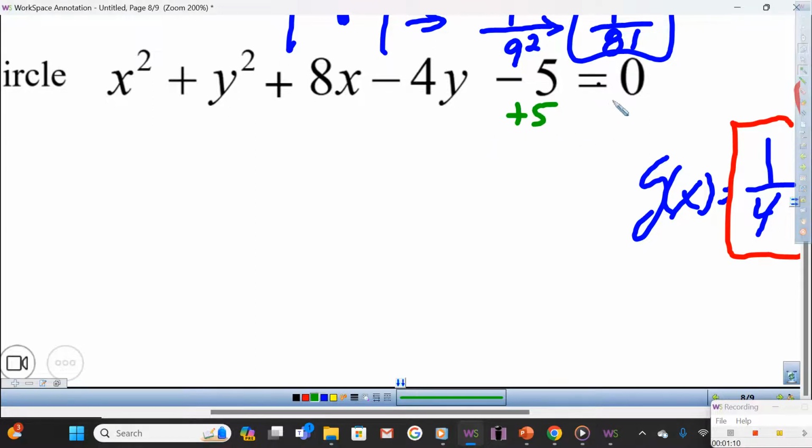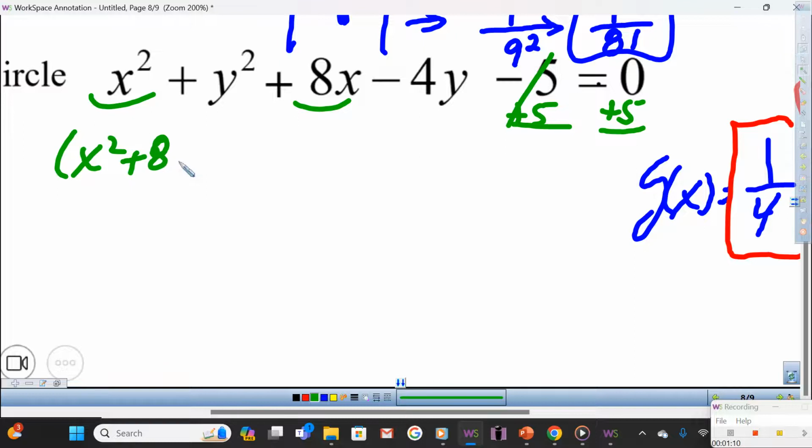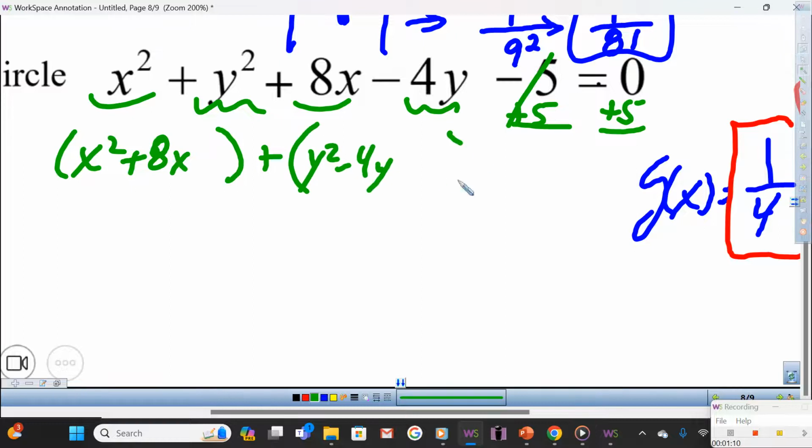Anthony, go. Let's go from the corner. That is correct. Combine all the x's together. We got x squared plus 8x, plus all the y's. Y squared minus 4y, all that equal to 5. Complete the square. What do I do? Anthony E., pass it to someone. What do I do, Anthony D? 8 over 2 squared to both sides.